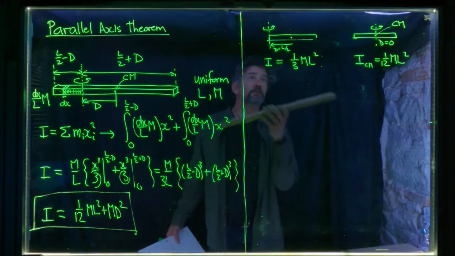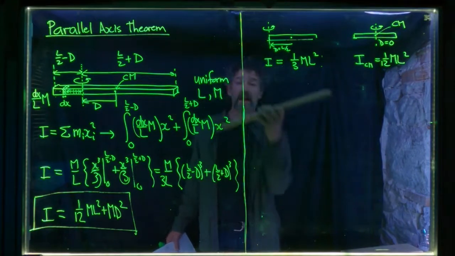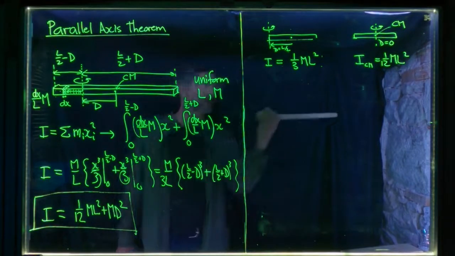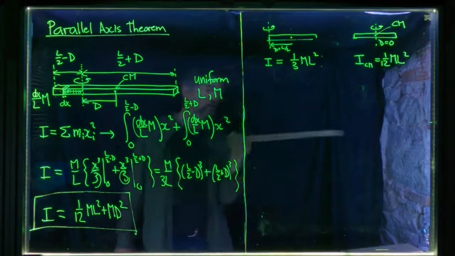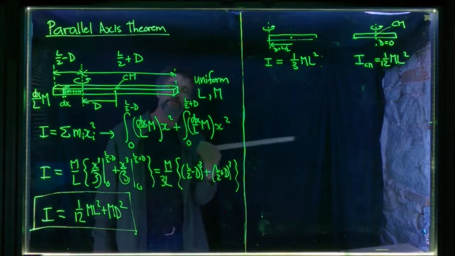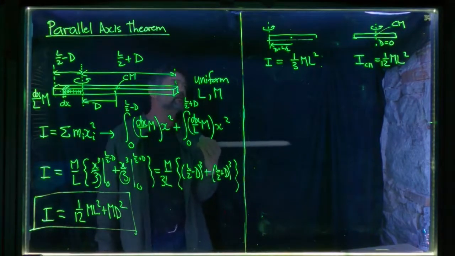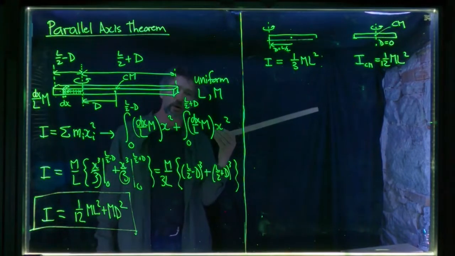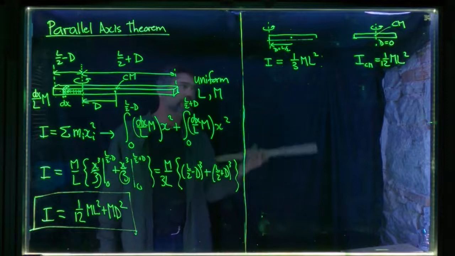However, the moment of inertia for rotating the rod about the end of the rod is a lot more. It's 4 times as large. 4 over 12 is 1/3. It's 4 times as hard to get this thing to change its angular velocity. It requires exactly 4 times as much torque to get exactly the same angular acceleration.